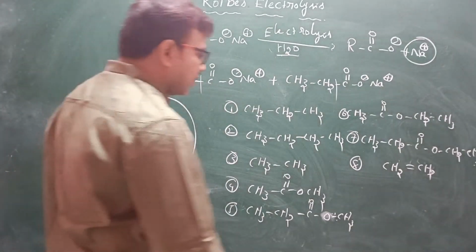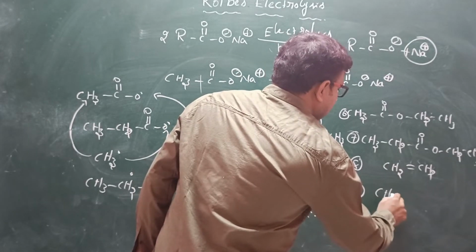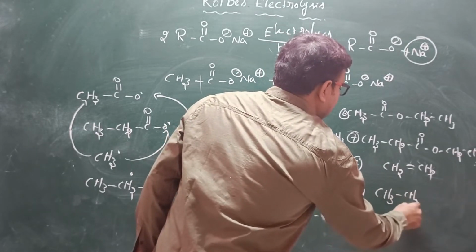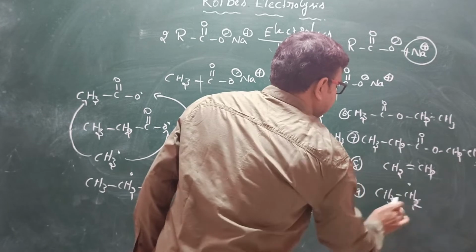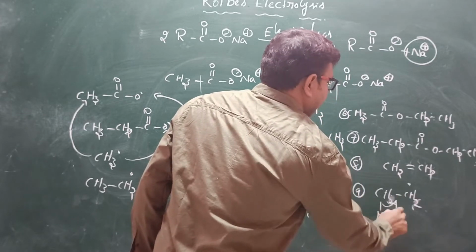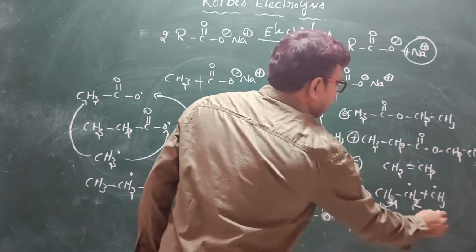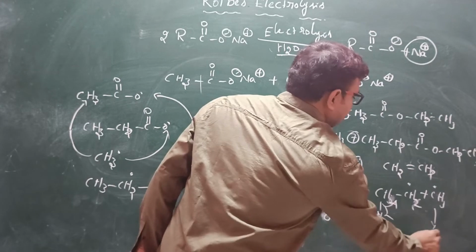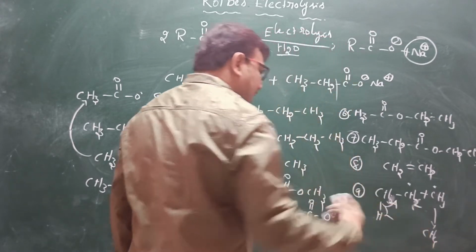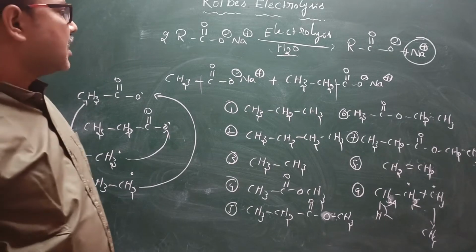Another possibility, CH3CH2 free radical reacts with methyl free radical, so CH4 is possible. So the total number of possible products is 9.